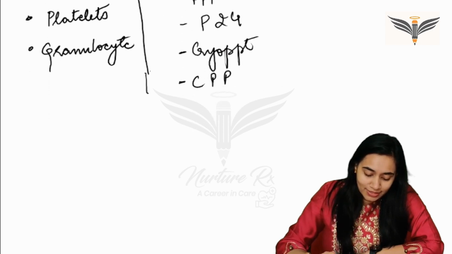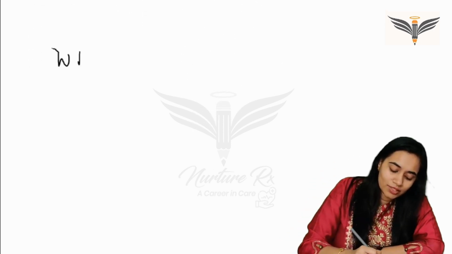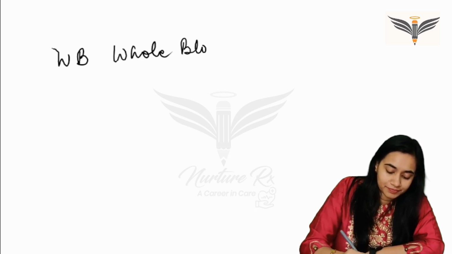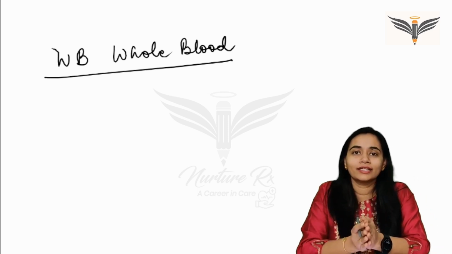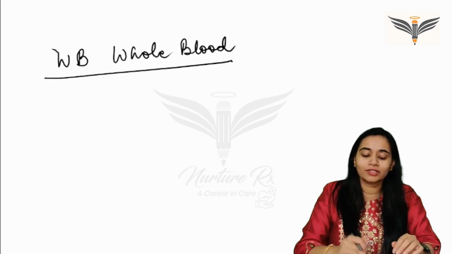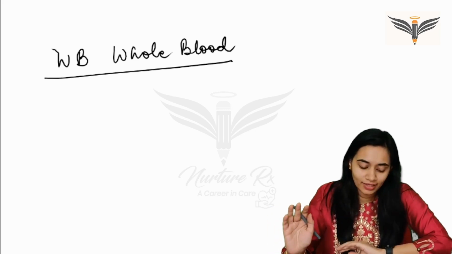Now what happens is, the first thing that we had was whole blood. Okay, whole blood. Let's talk about it first. So whole blood contains all of these, all the components that we've talked about, and further when this is subjected to differential centrifugation, the components are derived.